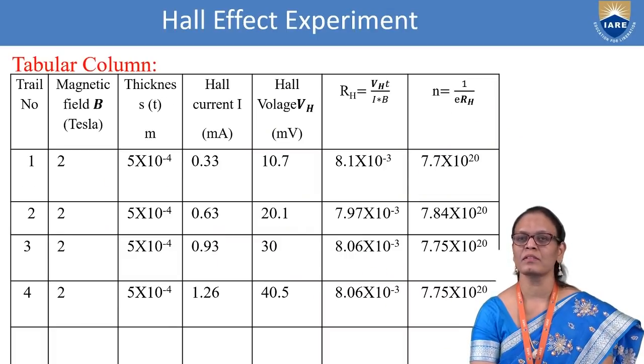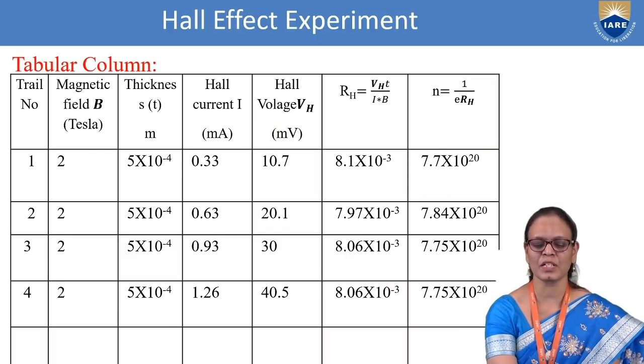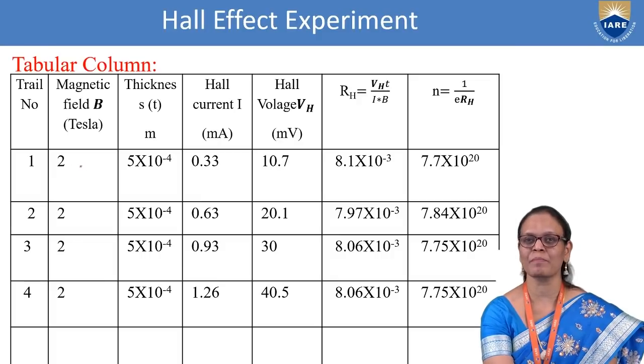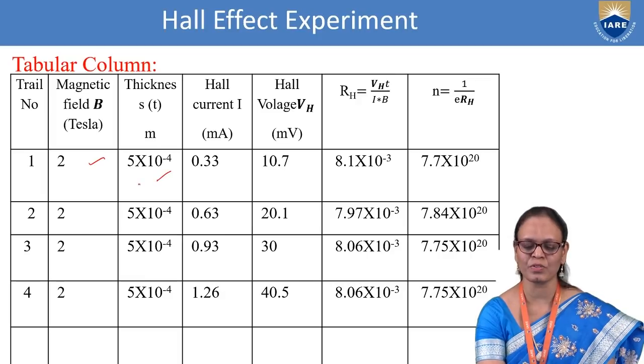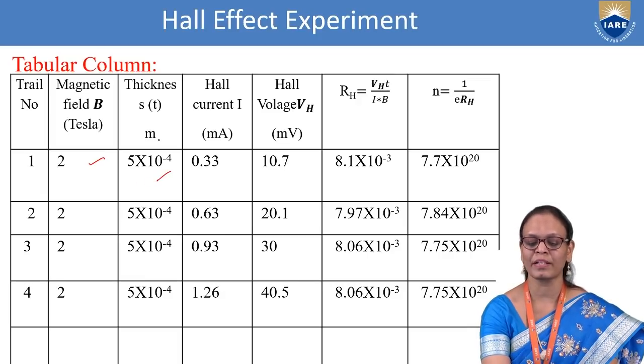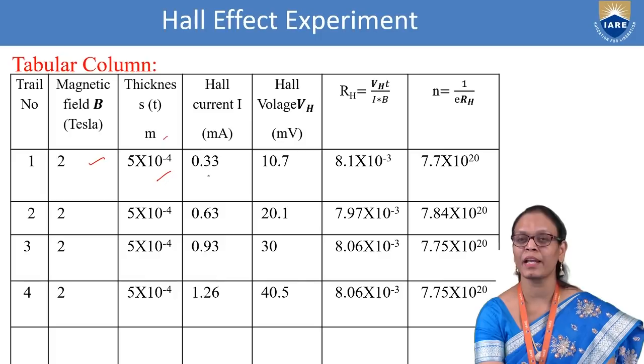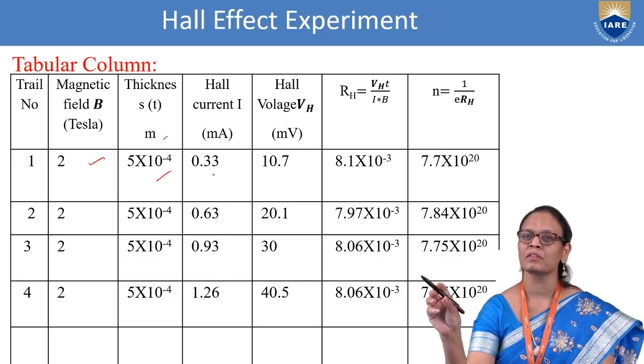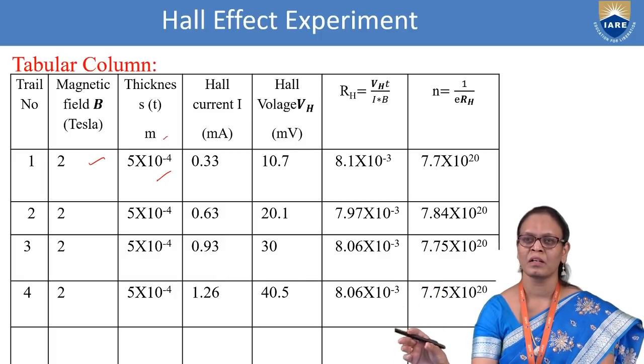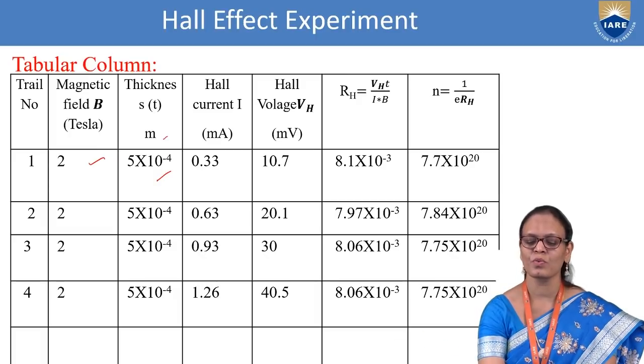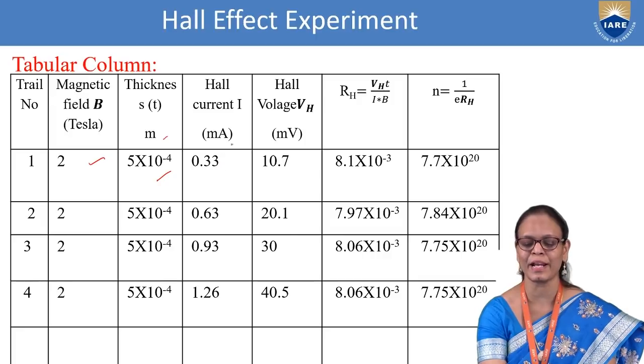So let us see the tabular column. The first trial, we have put a constant magnetic field of 2 Tesla. The thickness is also constant, 5 into 10 power minus 4, and we are writing it in meters. As you adjust the knob in the current source, you will note down the value of the current from there. It is in milliampere.